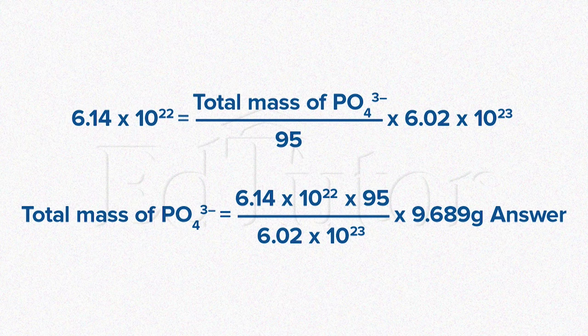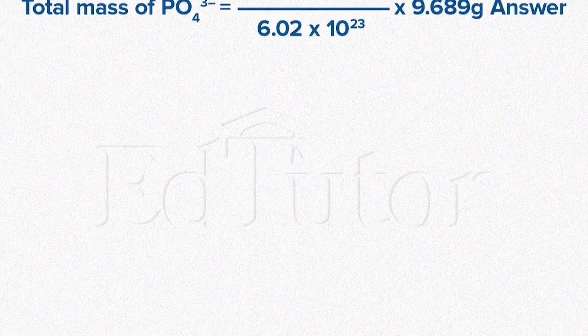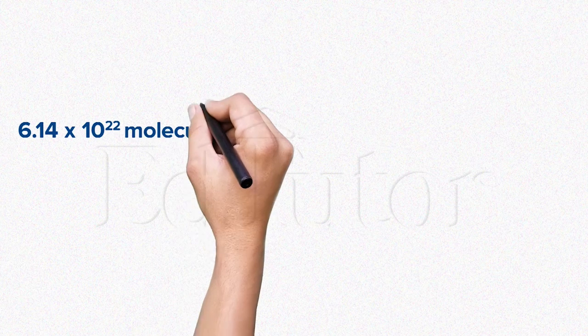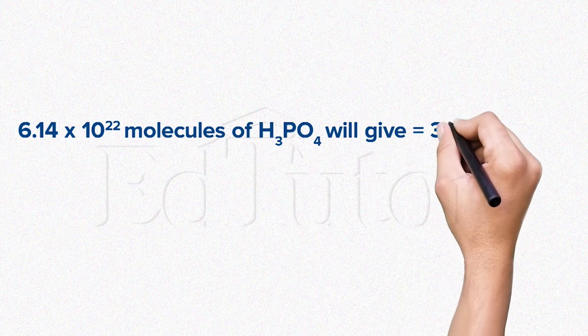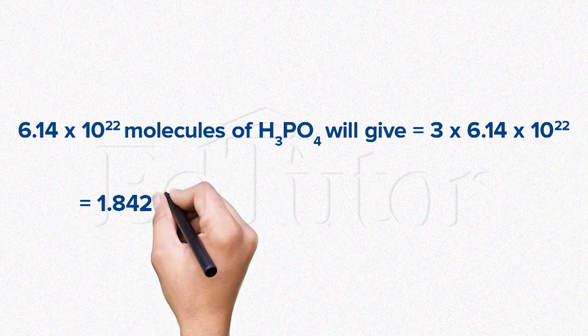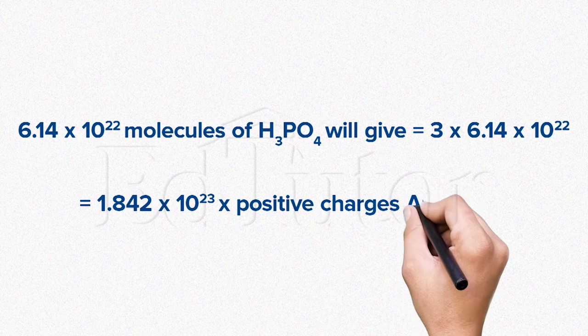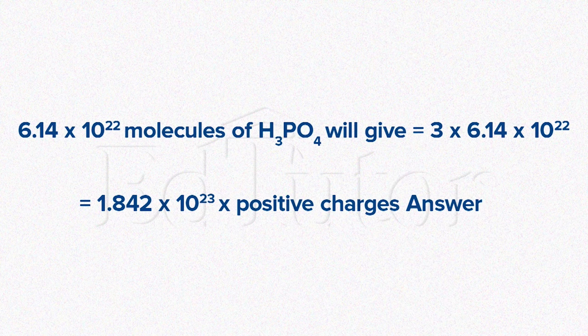Is this clear? This brings us to the last step of this numerical, which is to find the number of positive and negative charges dispersed in the solution. One molecule of phosphoric acid gives 3 positive charges in the solution, as we have 3 ions of hydrogen, right?